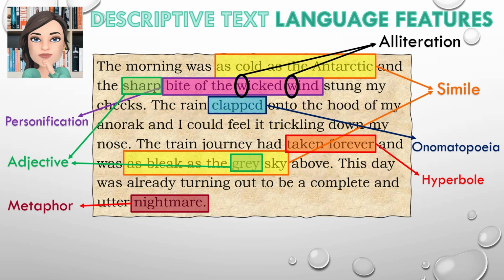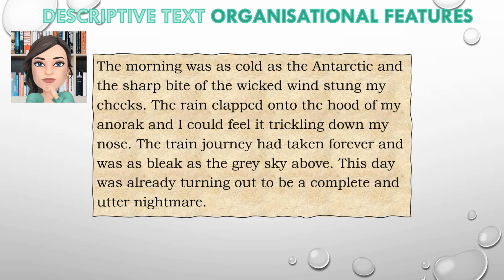These features are worthwhile practising, writing down, memorising, because not only will they be in the reading paper for level 1, they will also be in the reading paper for level 2. And should you want to move on to GCSE English, these are features that you will use over and over again, and you will need to identify and explain the effect of. For organisational features, descriptive text tends to be written in paragraphs.